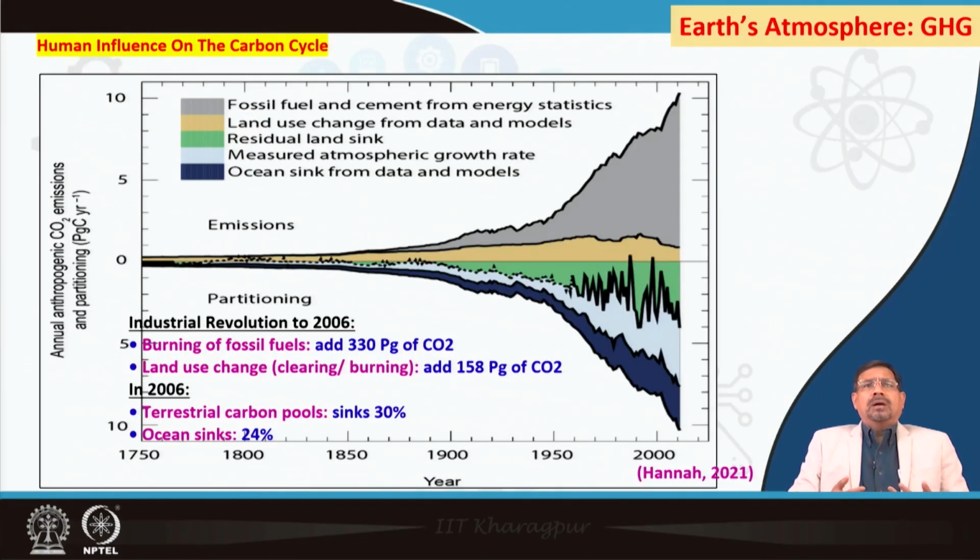Coming to the influence, particularly the human influence on the carbon cycle, again this is a very beautiful representation that clearly gives us an indication how vividly our anthropogenic activities are contributing to the recent rise in the temperature. If you see here, the x axis is plotted between 1750 to 2010.